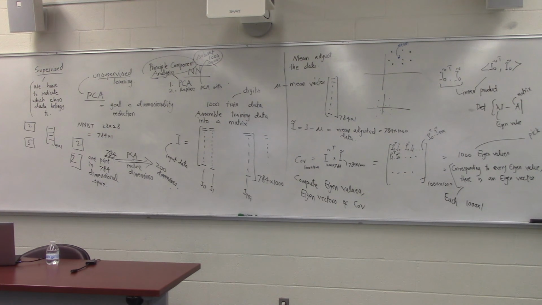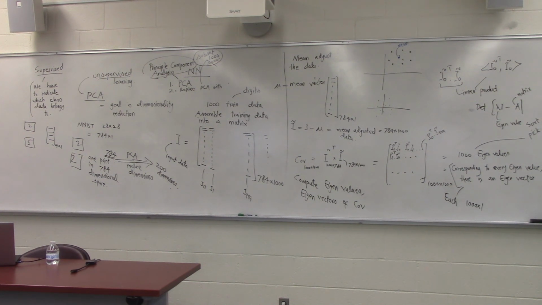But the question is, should we randomly pick 200 of these and ignore the others? We want to pick those which have the highest information. The highest information is in the data which has the highest eigenvalue. So the way we do it is we sort the eigenvalues, then pick the 200 highest of these, not just a random 200, and ignore the other 800 because they have less information.